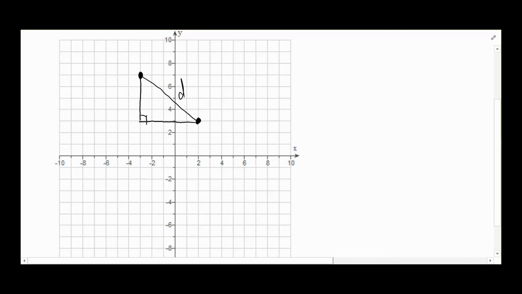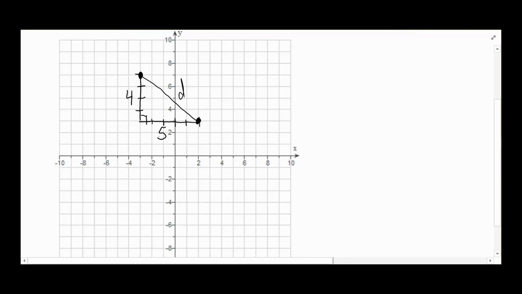And if you want to use subtraction to find some of the distances in this problem, you absolutely could. Or you could just say 1, 2, 3, 4. My height is 4. My horizontal distance is 1, 2, 3, 4, 5. My horizontal distance is 5.